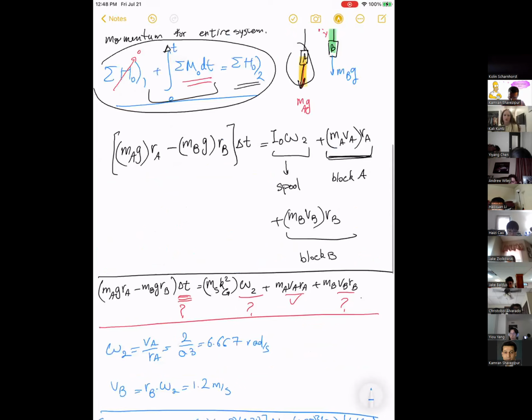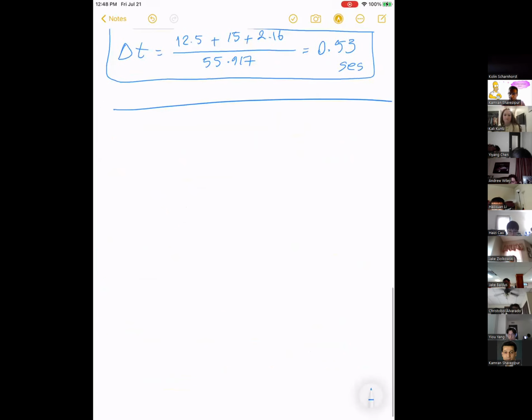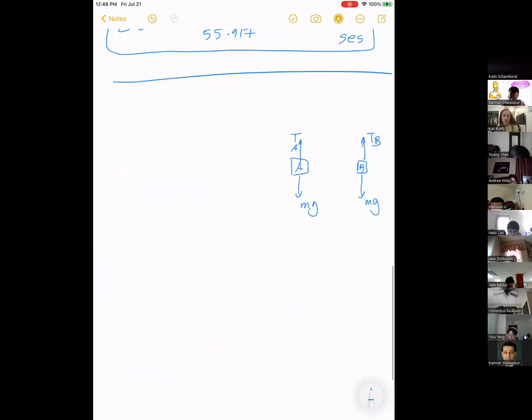We could do separate free body diagrams, like for A, you're going to get mg and TA. For B, you're going to get mg and TB. And for the spool, you're going to get TA and TB, right?